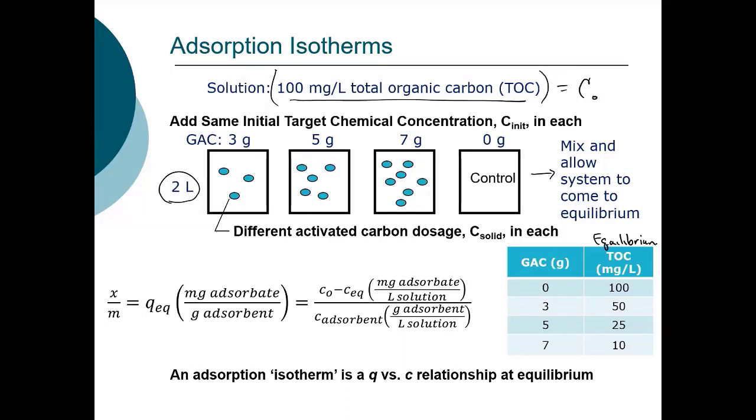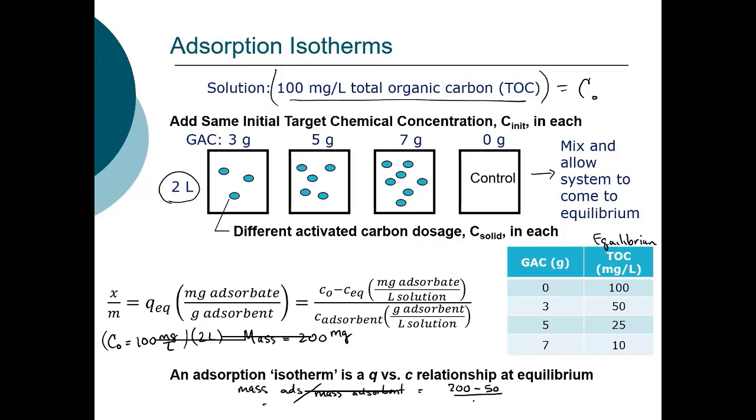So for example, if we start at this 100 milligrams per liter and we have 2 liters, that means the mass initially is 200 milligrams. So the mass adsorbed per mass of adsorbent is equal to 200 minus 50 over, actually, the C equilibrium is 50 milligrams per liter times 2 liters.